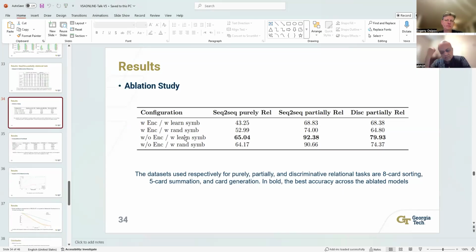So with the encoder, if they are randomly generated, they provide better results. And this is expected, actually. This is due to the fact that you increase the number of trainable parameters while you have a small training data set, and this will lead to overfitting.